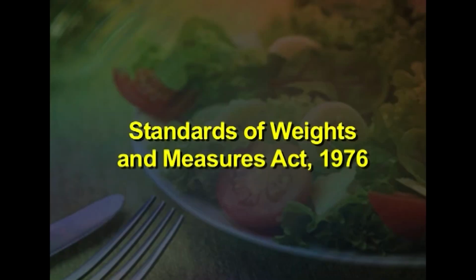Then comes the Standards of Weights and Measures Act 1976. Standards for weights and measures are administered by the Ministry of Consumer Affairs, Food and Public Distribution under the Standards of Weights and Measures Act 1976 and related rules and notifications.